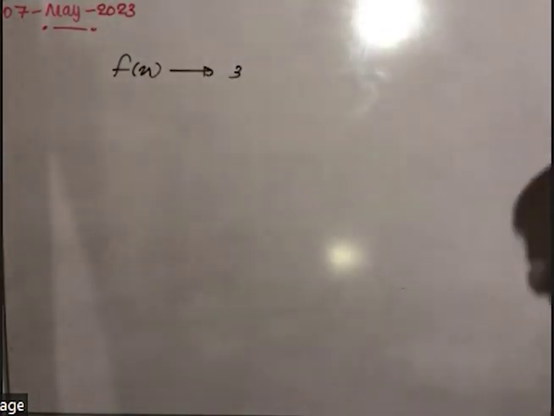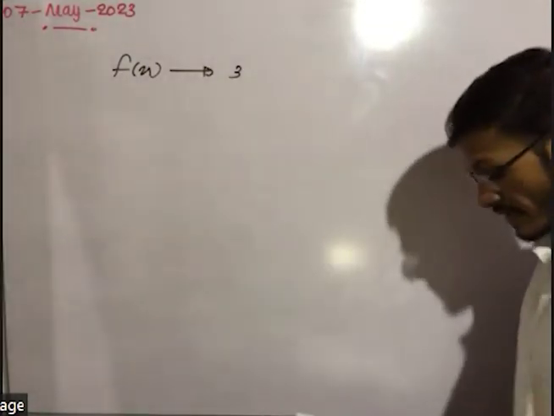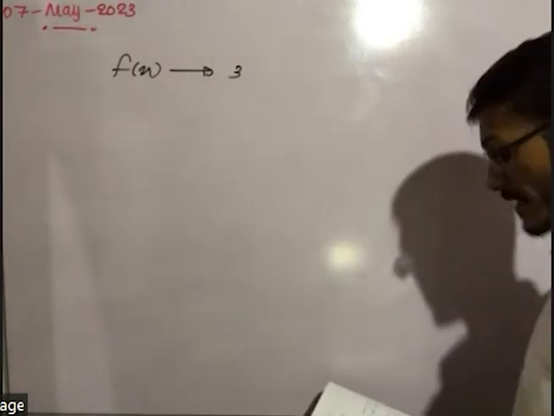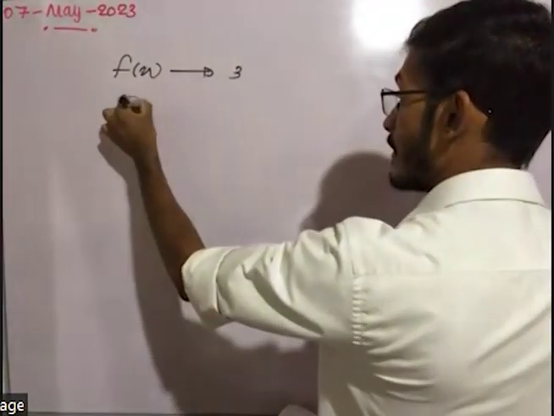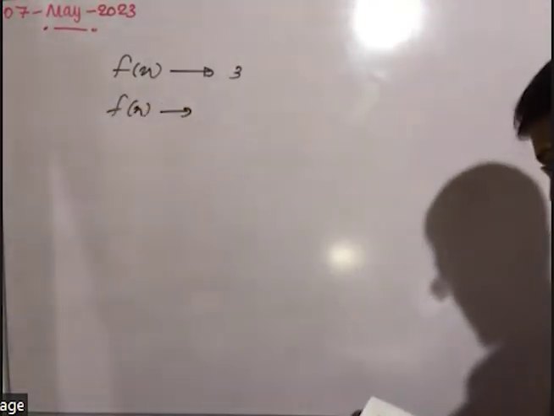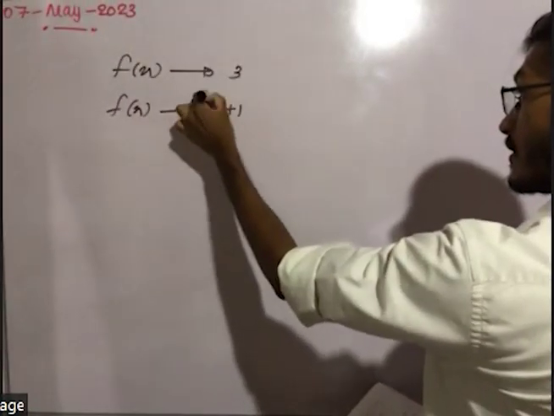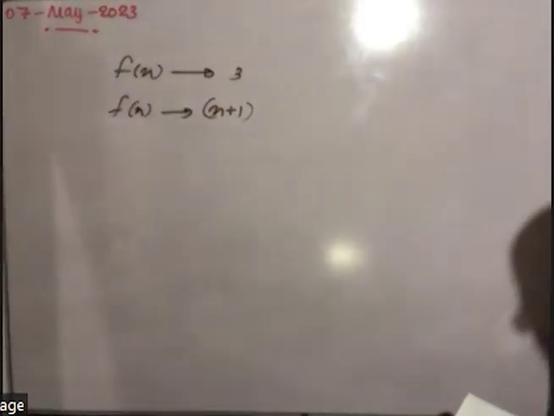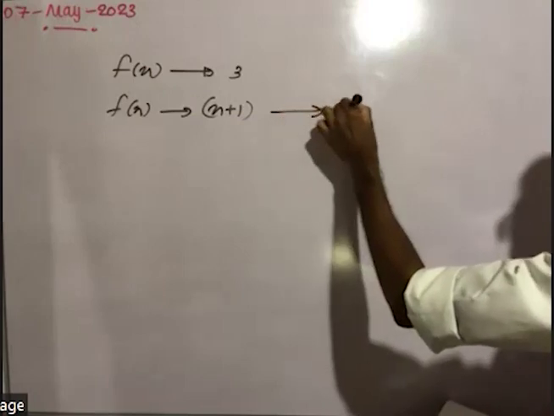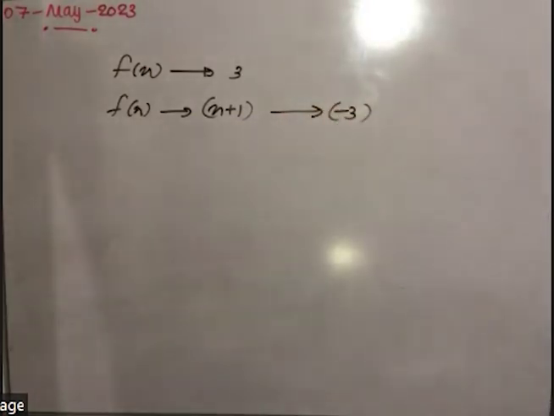Right? Write down, when fx is divided by x plus 1, the remainder is minus 3.